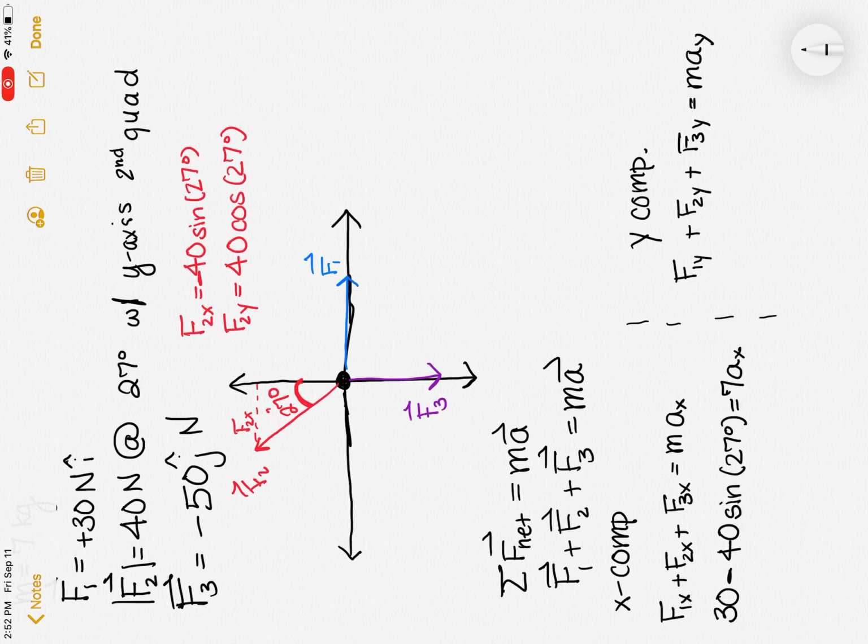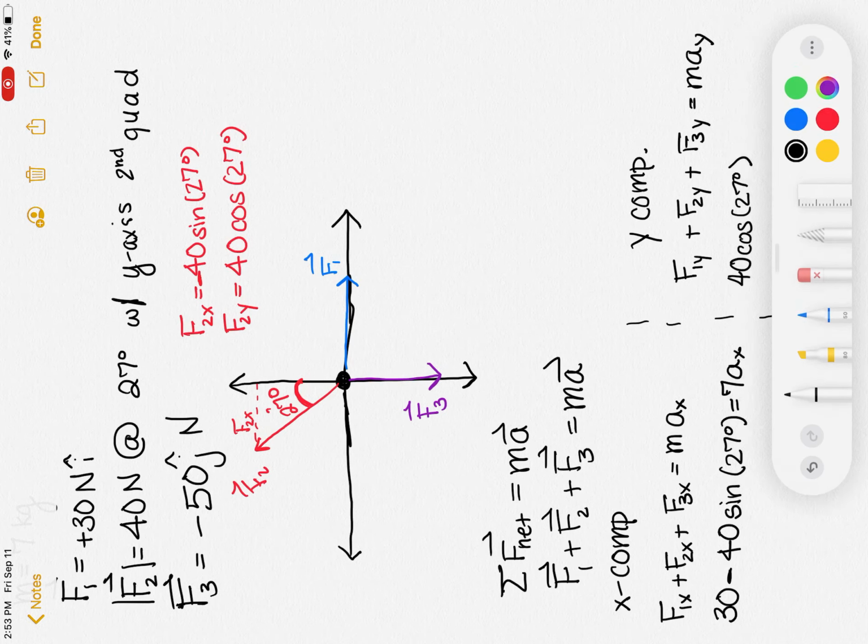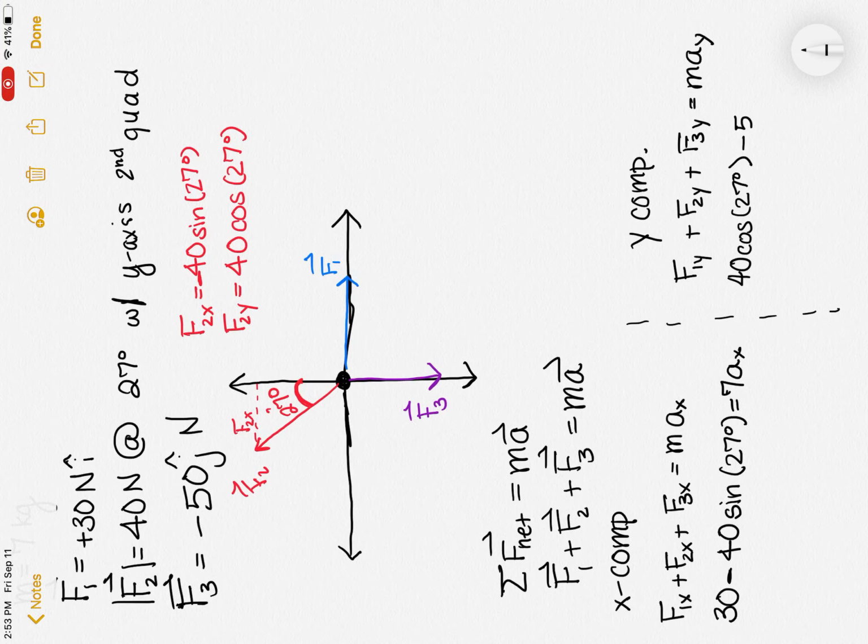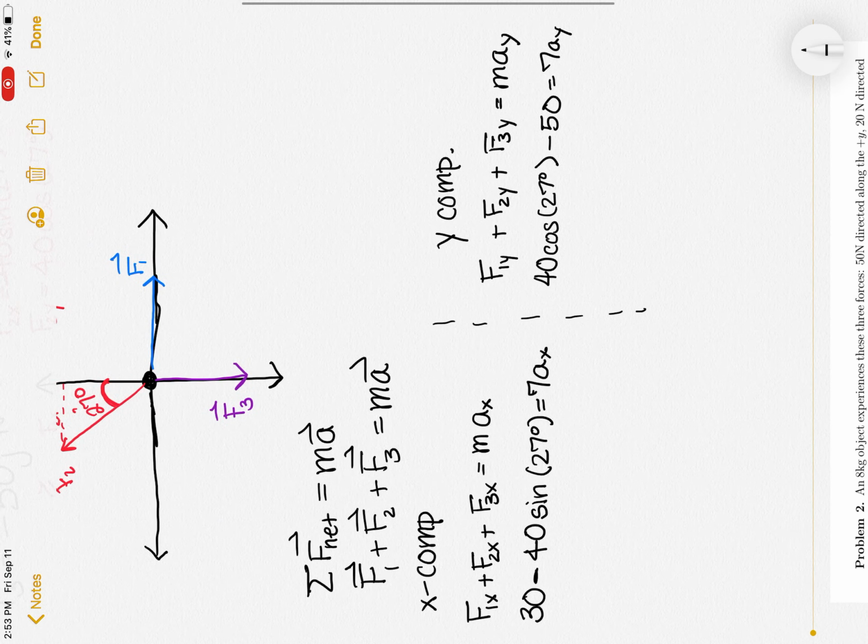And then I can do the same thing for the y component. So I don't have any y component in F1. It only exists in the x component. F2y, I have 40 cosine 27 degrees. And then F3 is equal to minus 50, since it's only acting in the j component, equal to 7 times ay.